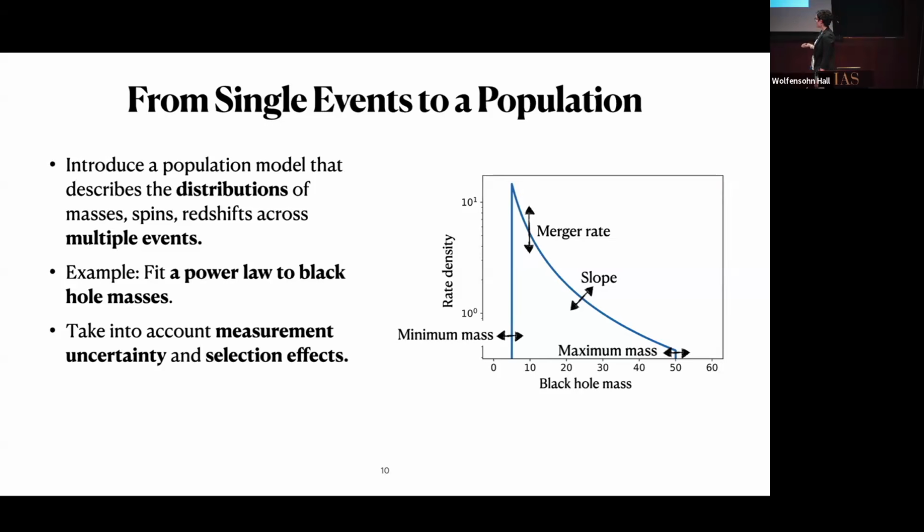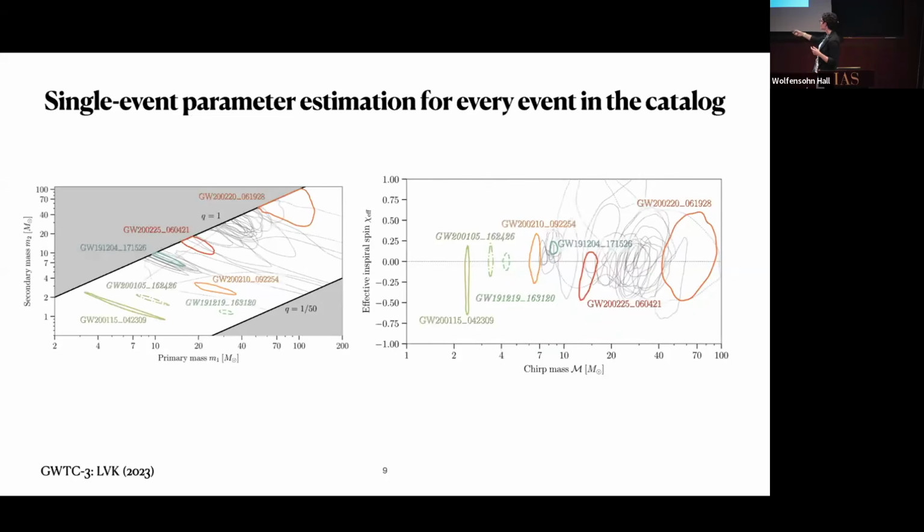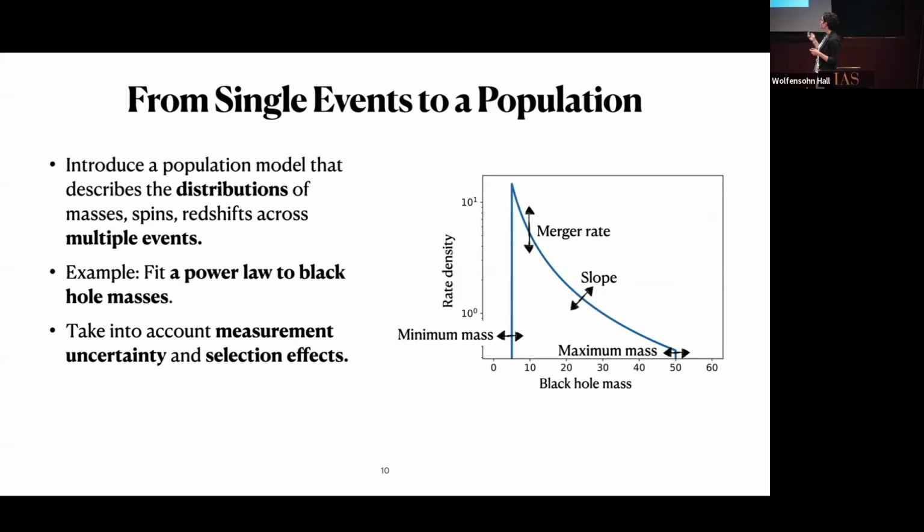And then when you try to infer the minimum black hole mass, the slope, the maximum mass, the normalization, you have to take into account the measurement uncertainty, from the fact that we don't perfectly measure the masses and spins of these events. We have these pretty large error bars. And you have to take into account the selection effect.